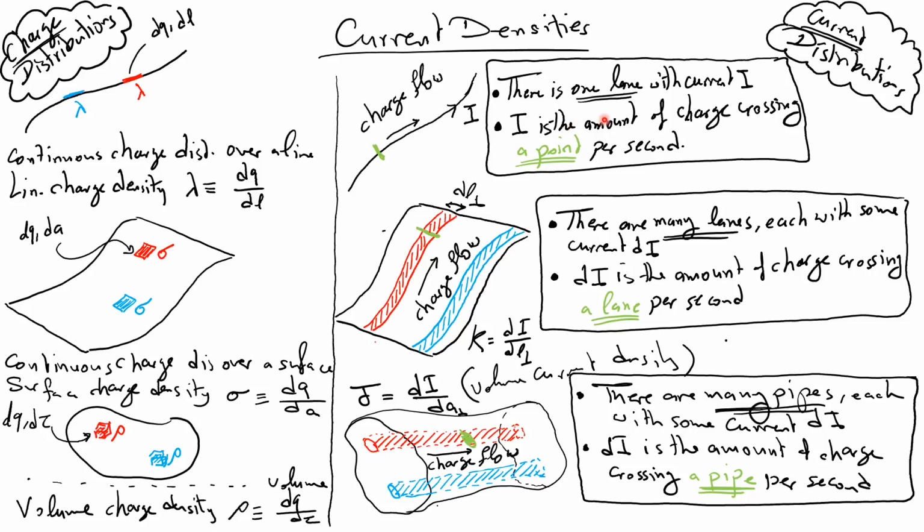But when we came here, you have K, so dI by dL perpendicular. For J, you have dI by dA perpendicular. So why couldn't we have had something in the numerator similar to this? So you have a dq, a dq, a dq. You have here a dI, but there's nothing there.